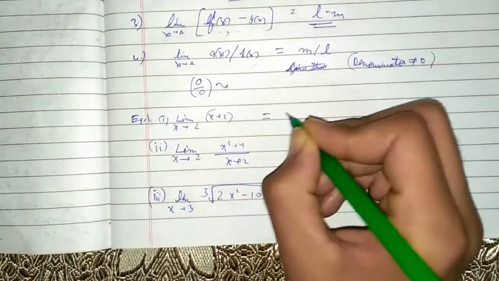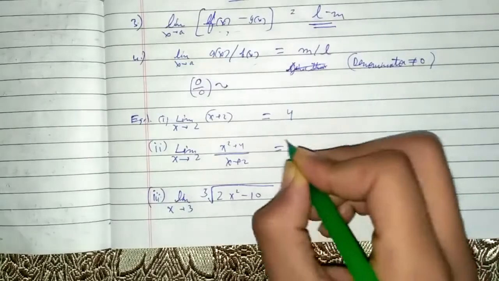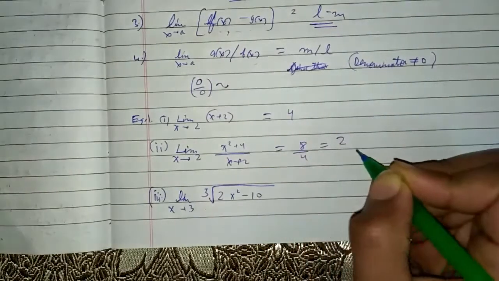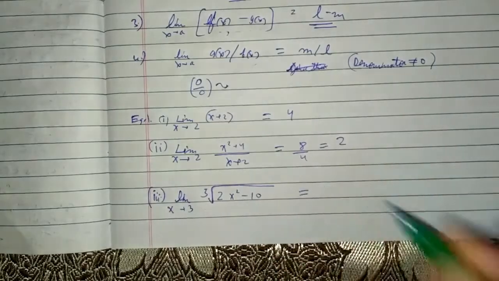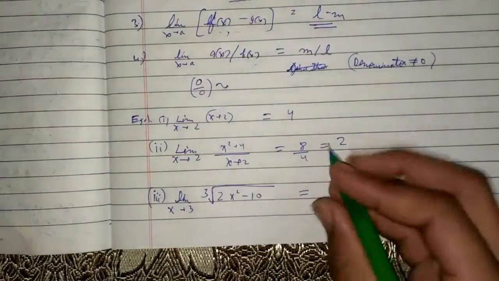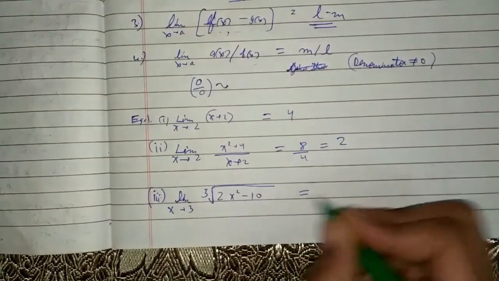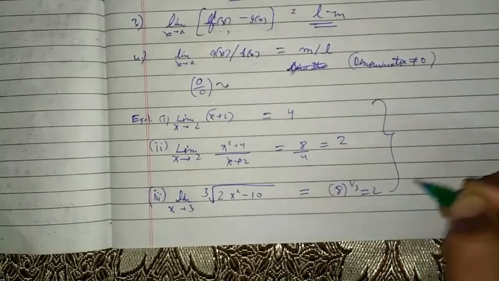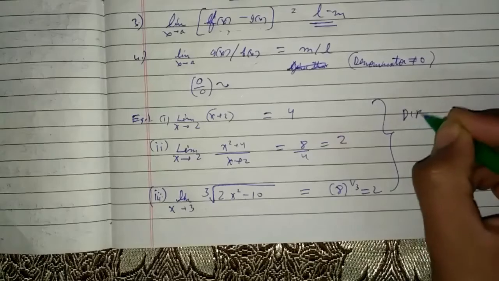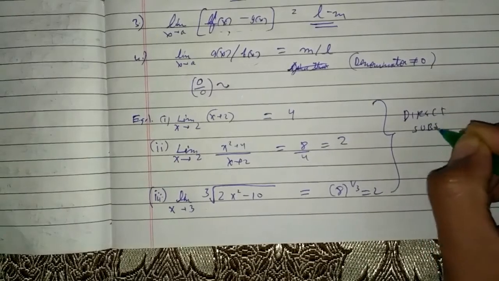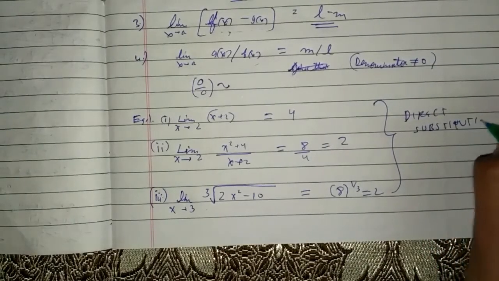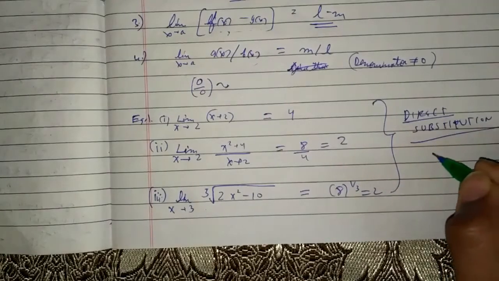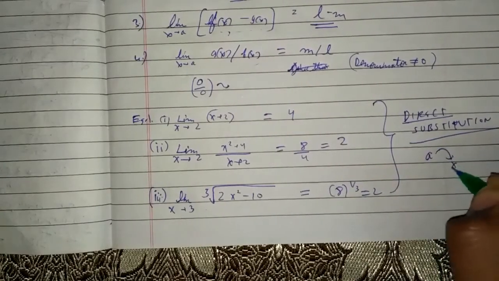Obviously its answer is 4. Its answer is 8 by 4 is equal to 2. And its answer is 2 into 9, that is 18, minus 10, 8, whole power 1 by 3 is equal to 2. This method is also called the direct substitution method. That is, we have just plugged in the value of a in place of x.